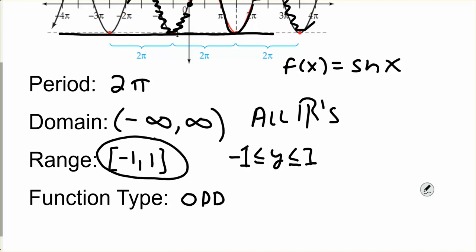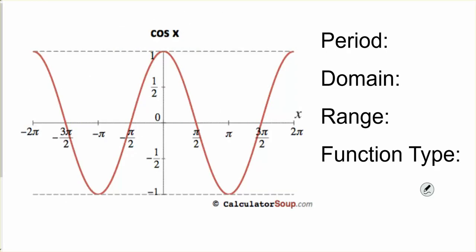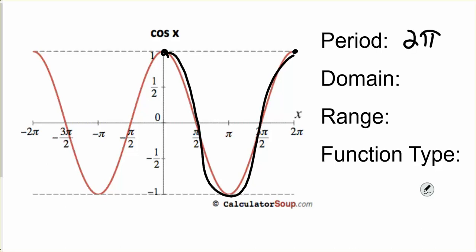All right, let's see, moving on to the cosine. The cosine, you can see here, I know it's the cosine because it looks like the W, but it starts here and it ends here. This little bit right here, it looks like this also has a period of 2 pi.